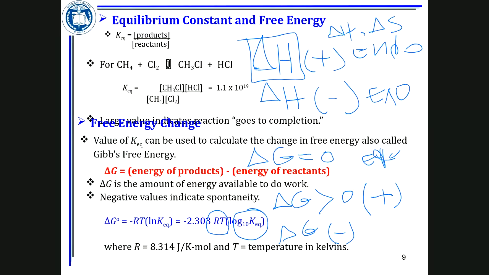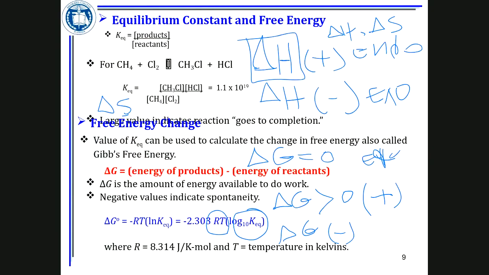If the delta S value is positive, that means the entropy has increased. Delta S negative means that entropy has decreased. Which one is favored? An increase in entropy is favored for the chemical reaction in order for that reaction to be spontaneous. So these are some of the values that we are concerned about.